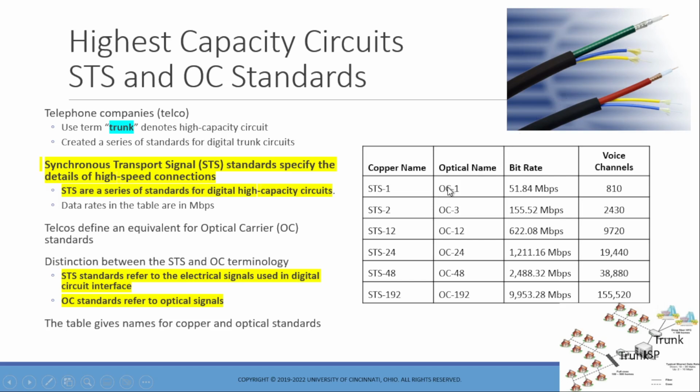OC stands for optical signal, right? That is using fiber optics. So whether we're using coax or fiber optics, there are similar standards that have different names and different techniques. One is for copper, the other is for light or fiber.